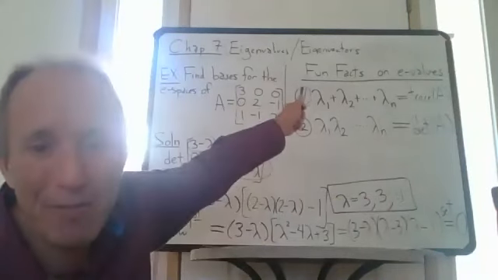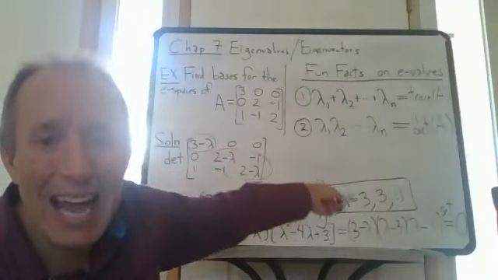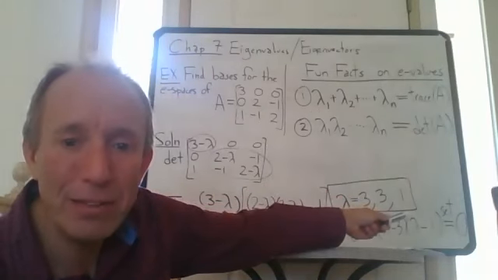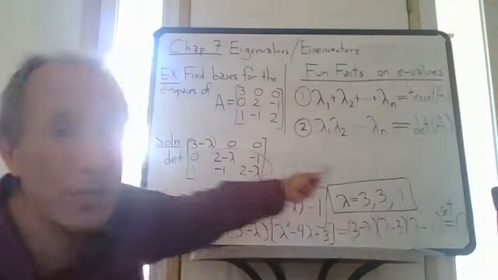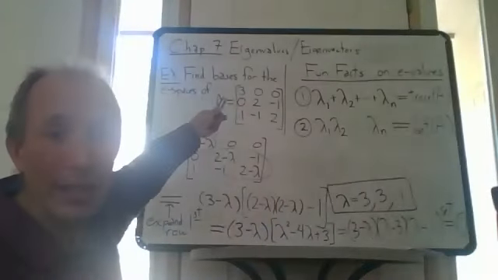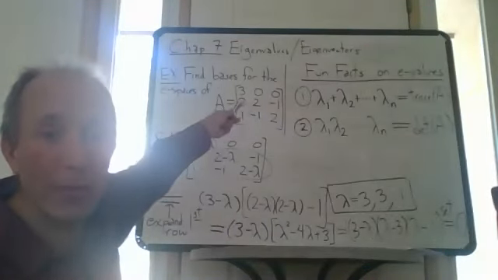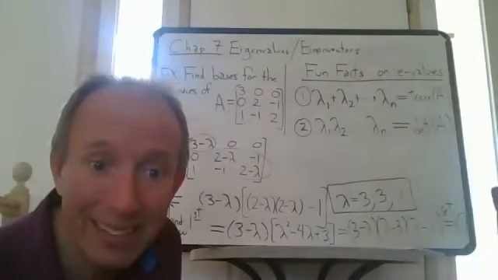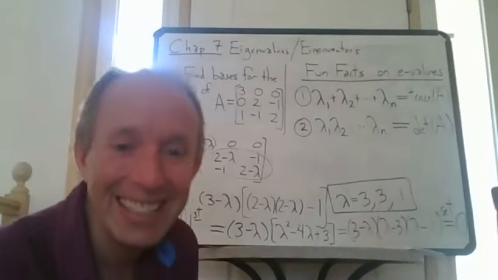Let's check it with the fun facts. If we add up these 3 lambdas, 3 plus 3 plus 1, well, that's 7. What's the trace of the original matrix? The sum of the main diagonal, 3 plus 2 plus 2. That's 7, right? So it works.